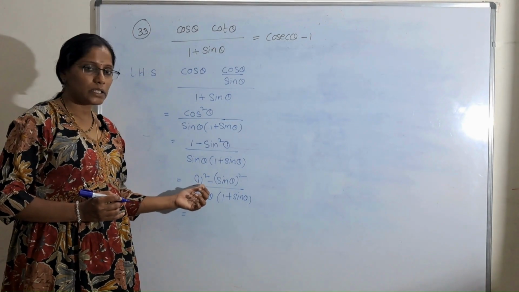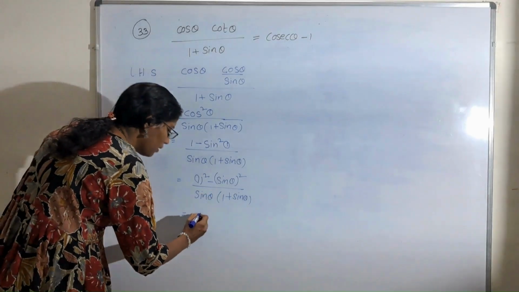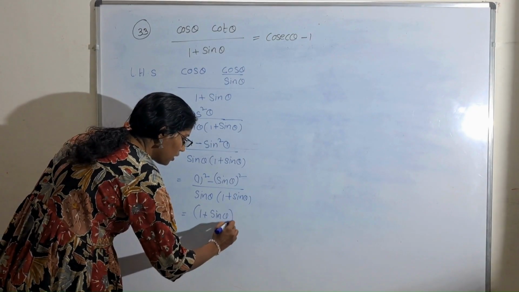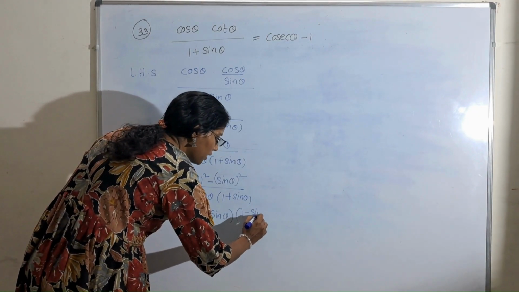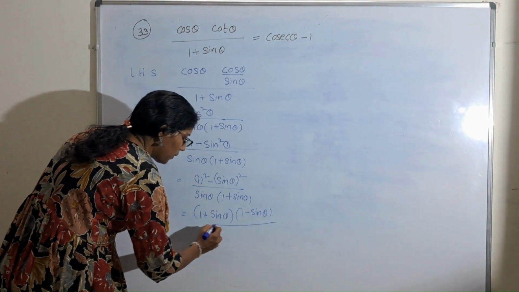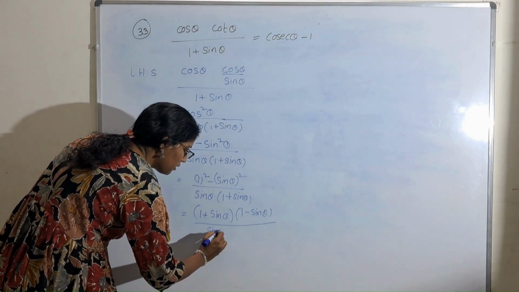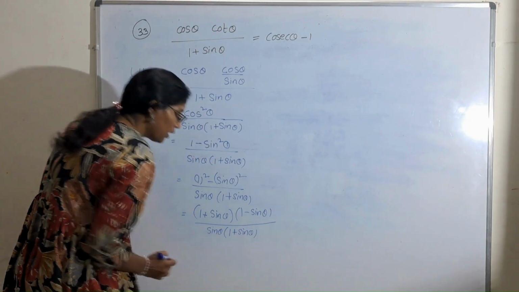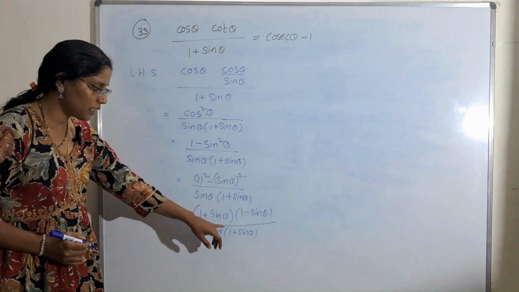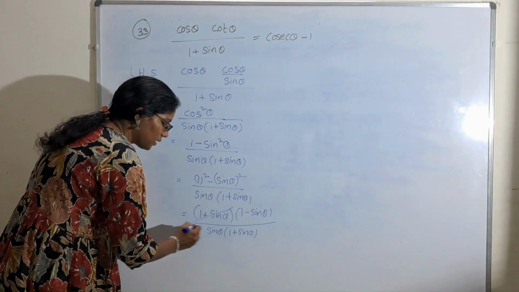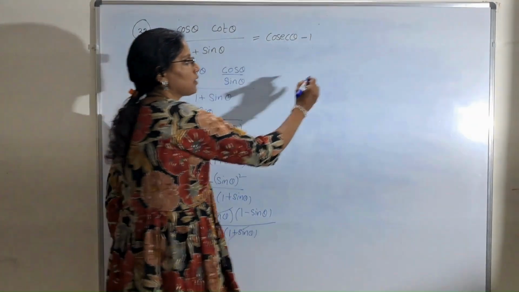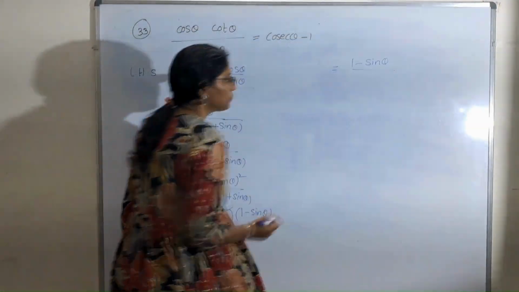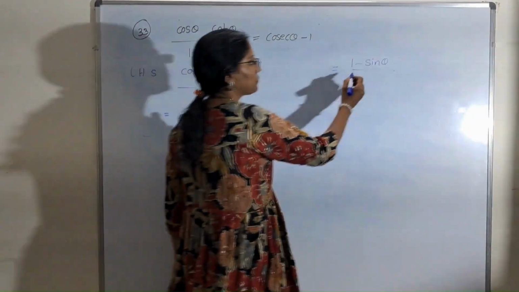Numerator we can apply a square minus b square formula. 1 plus sin theta into 1 minus sin theta by denominator as it is, sin theta of 1 plus sin theta. Here numerator 1 plus sin theta, denominator 1 plus sin theta cancel. Remaining values 1 minus sin theta by sin theta.